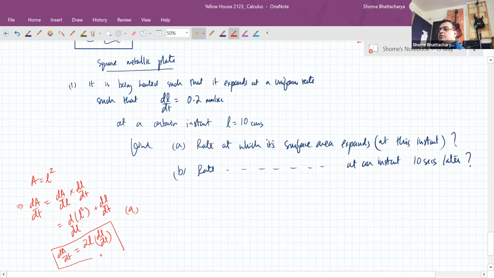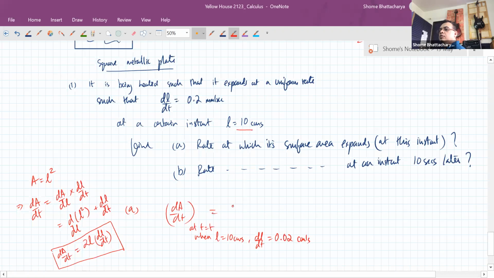So for the first part, we have to just find out dA by dt at some instant, let's say t, when L is equal to how much? L is equal to 10 centimeters, and dL by dt is 0.02 centimeters per second.